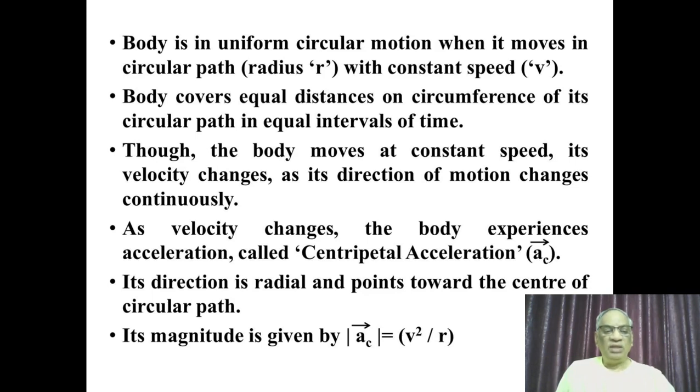Because the direction changes, the body experiences acceleration, known as centripetal acceleration. The centripetal acceleration is radial and points towards the center of the circular path. Its magnitude is given by a equal to V square by R.